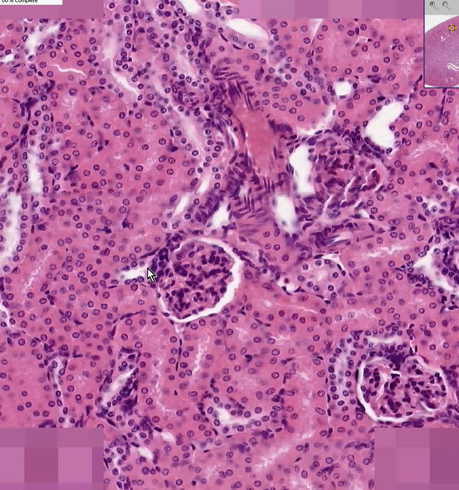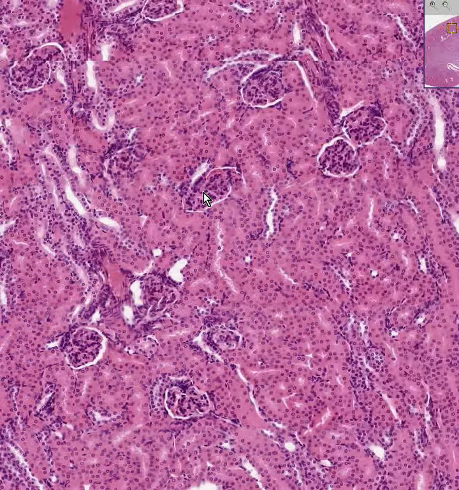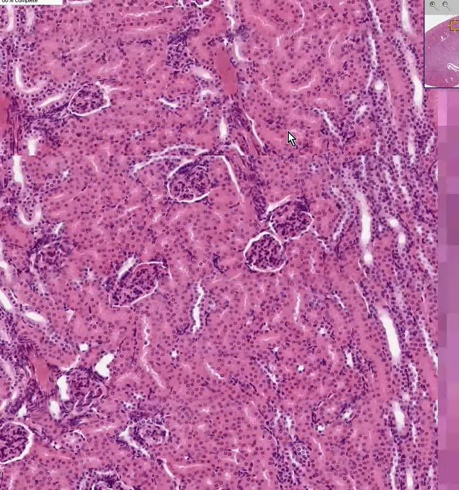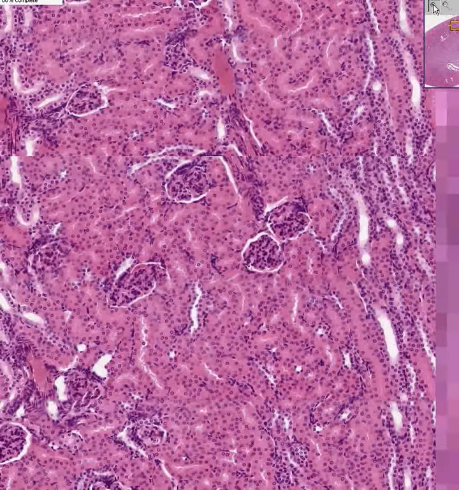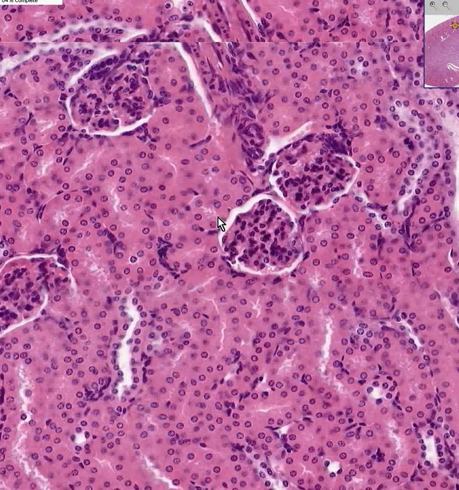Otherwise, if you look in any glomerulus, and we will, let's get a nicer, looser one, I can tell you that there are only three kinds of cells within the glomeruli. One of them are the cells called podocytes, which is also called the visceral Bowman's epithelium.